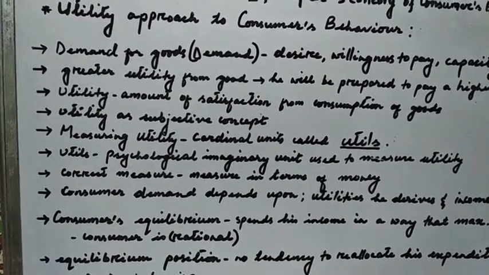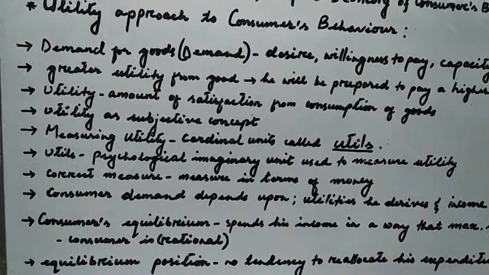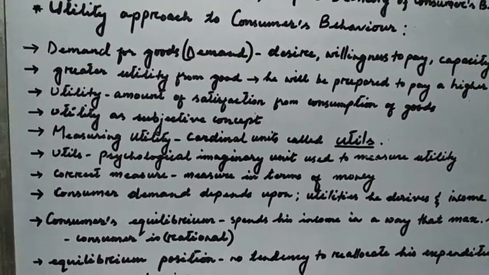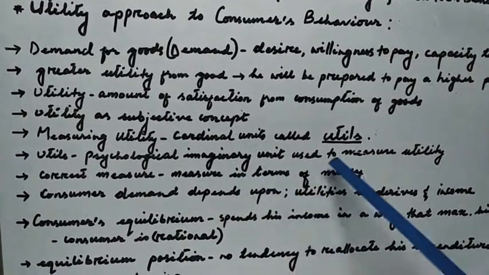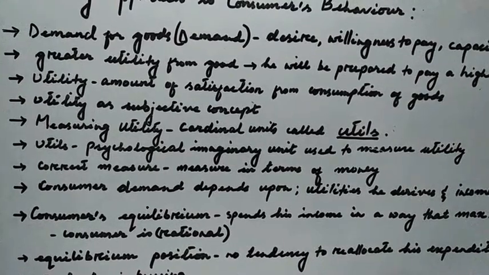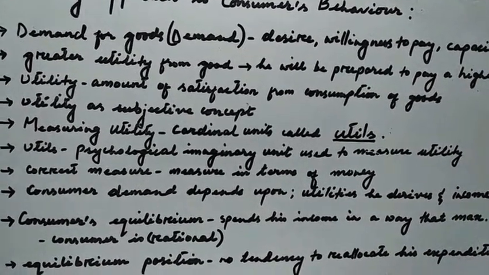When we are talking about measuring utility, the best way to measure it is in terms of money. Measuring in terms of money will be more correct when we talk about measuring utility.